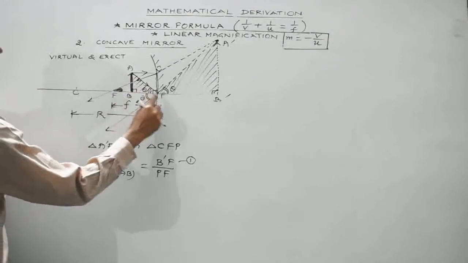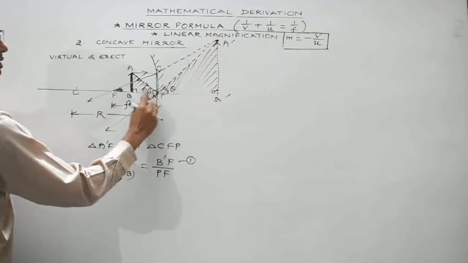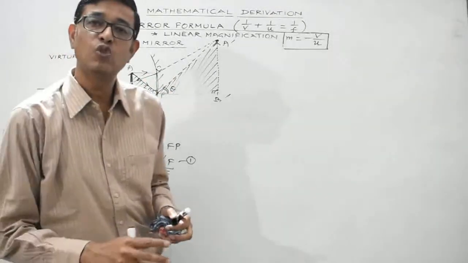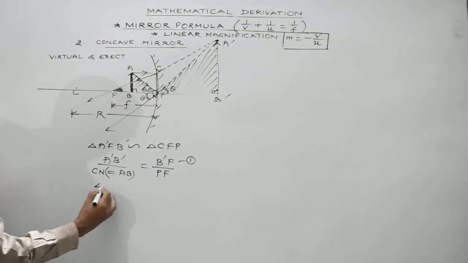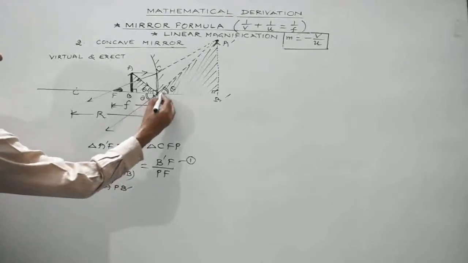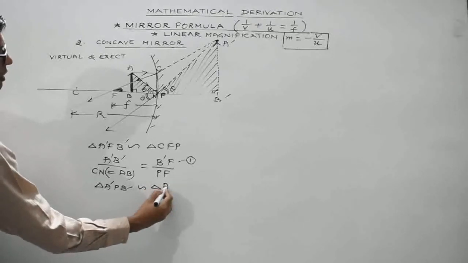So again, if these two triangles are considered, these two angles are each 90 degrees, these two angles are each equal to theta. So by AA corollary, again these two triangles are similar. That is, triangle A dash PB dash, this is P, is similar to triangle APB.